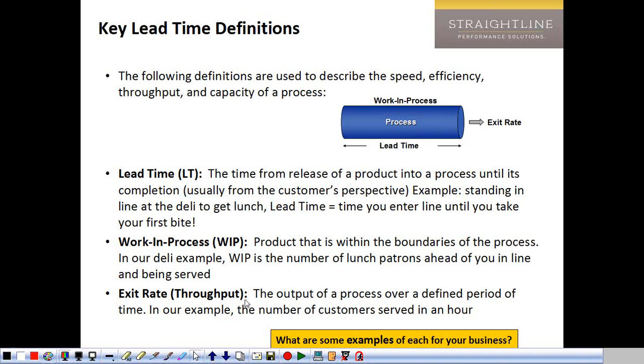And then finally, the exit rate or the throughput. The throughput is the amount of stuff that gets through a process per unit time. So in the deli example, it could be the number of people that are served per minute, or per every 15 minutes, or per hour. So that's the throughput.